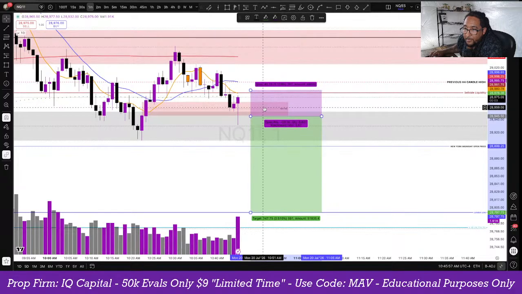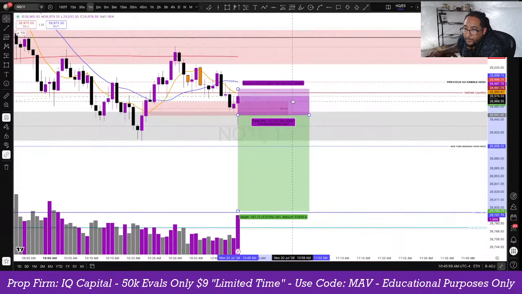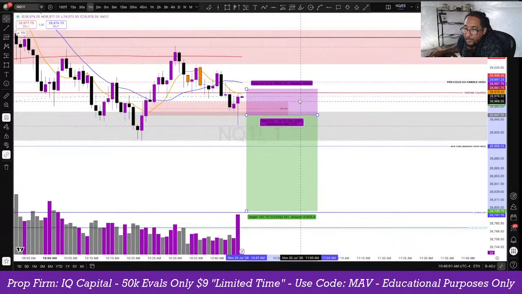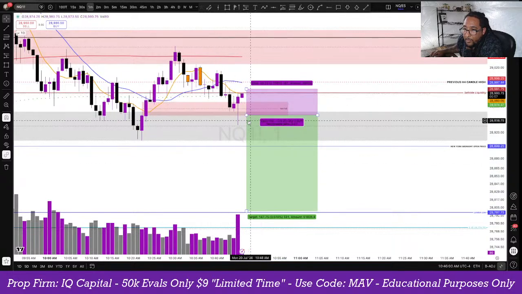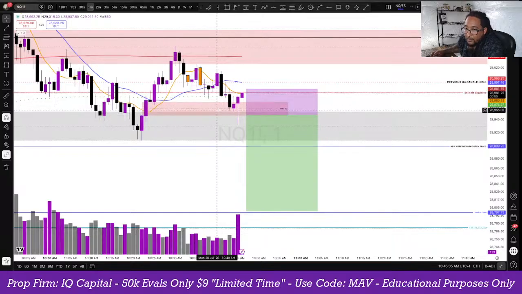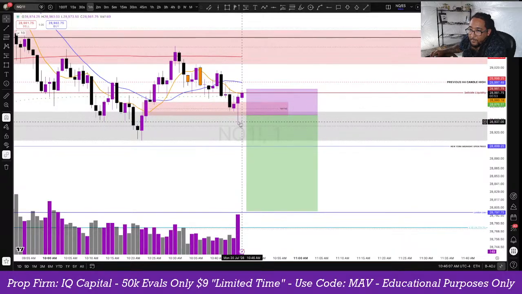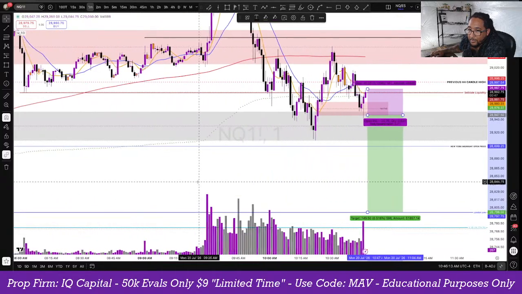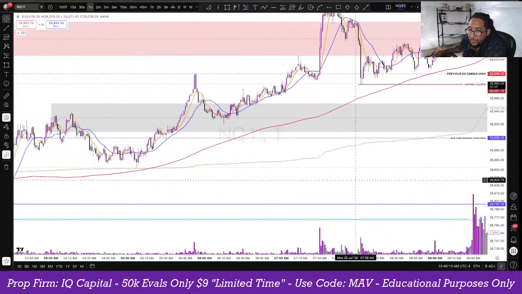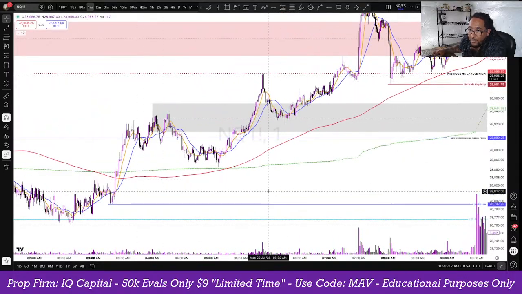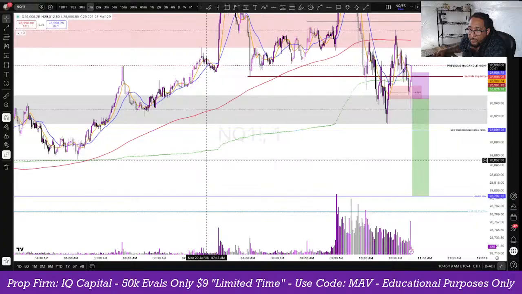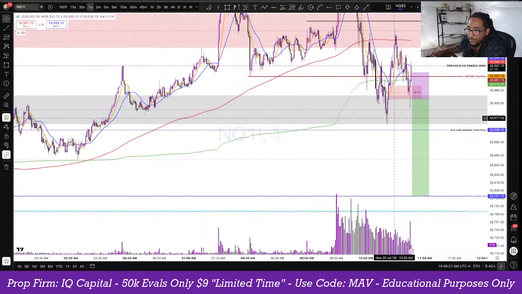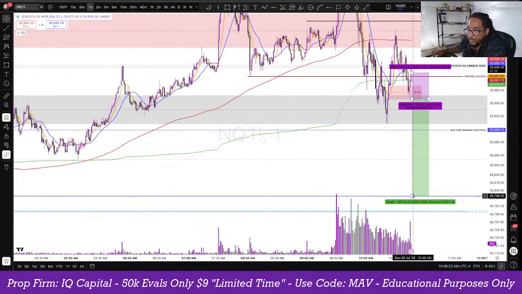Put my stop there. And so if we were to body below this 1 minute fair value gap, maybe retest, I'd get into a trade and aim for these London lows here, which would be almost at the very bottom. We would, of course, take some of our take profits here.